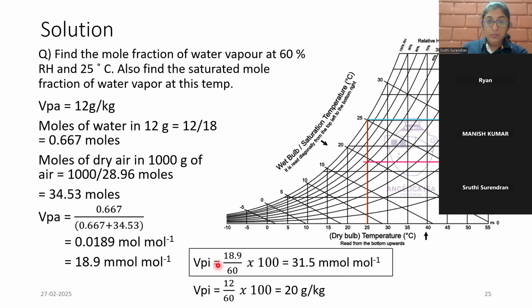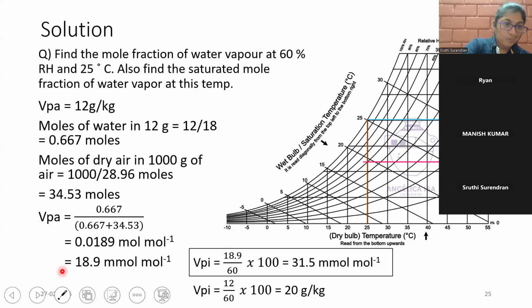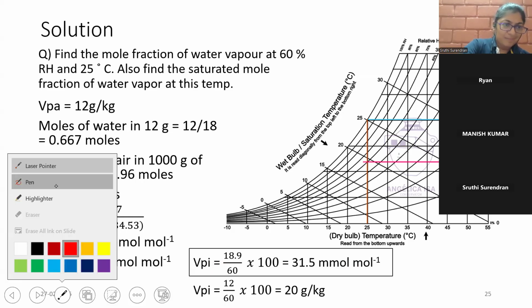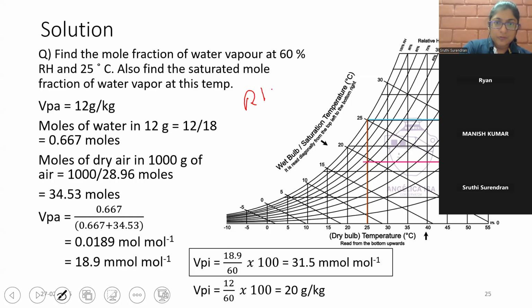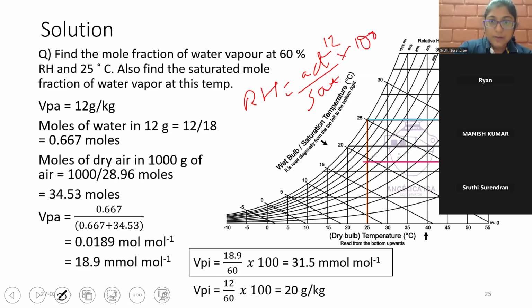Now this value, by using this formula, RH is equal to actual by saturated into 100. The actual is 12.